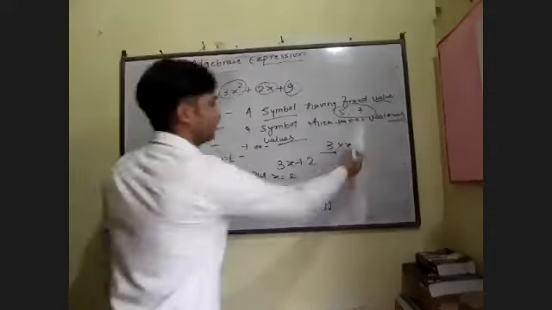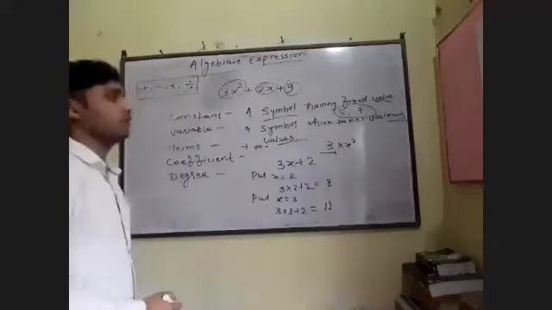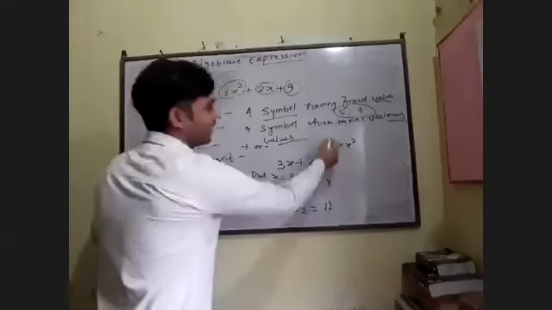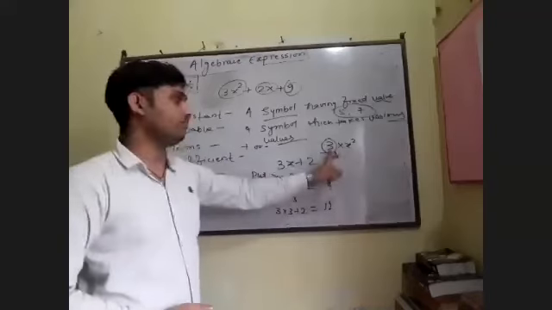So here 3 is multiplied with x square. So we can read it: 3 is the coefficient of x square.